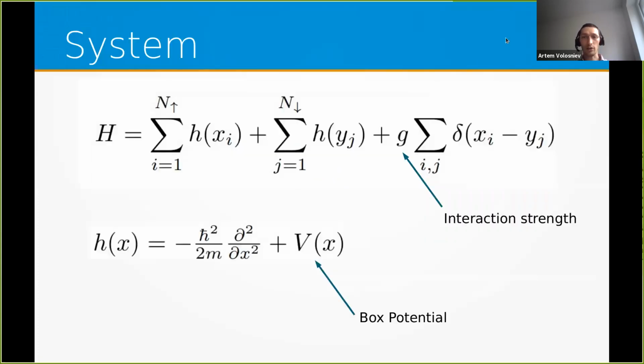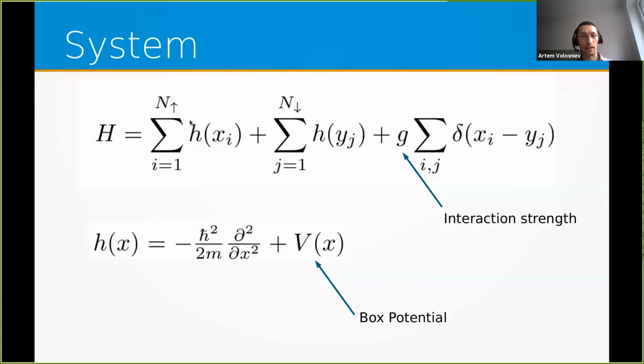I will write it in a bit more formal way, because now I understand that if I would like to talk about the zero temperature limit, I could just write down the Hamiltonian and study, for example, the ground state or just the spectrum. So that is my Hamiltonian. It's quite standard. I will walk you through it very briefly. I have majority particles and minority particles.